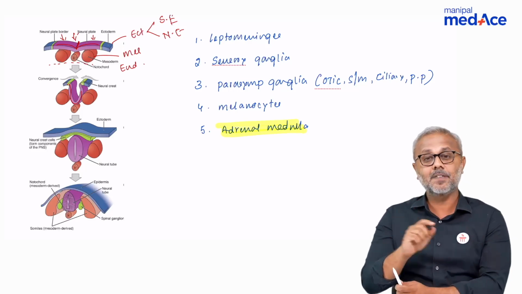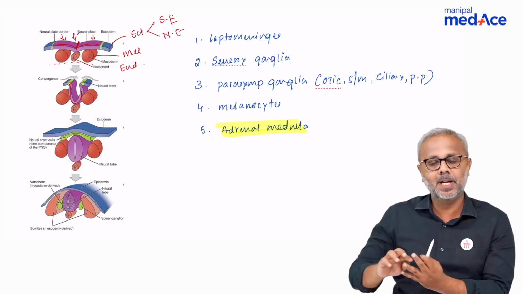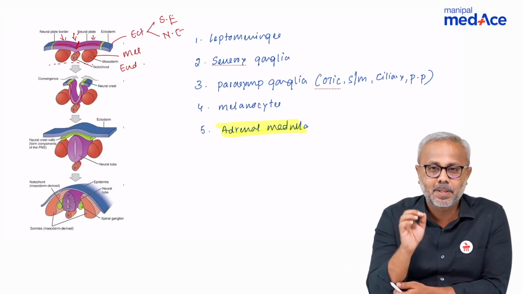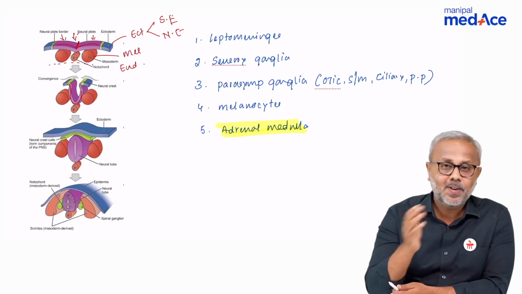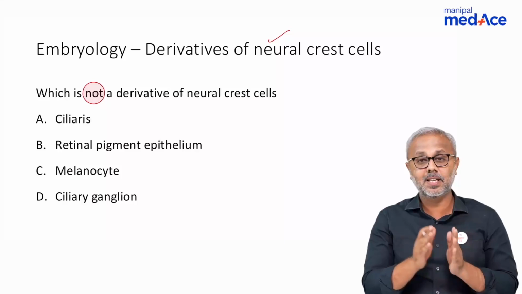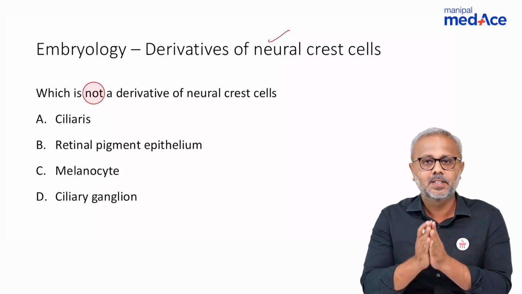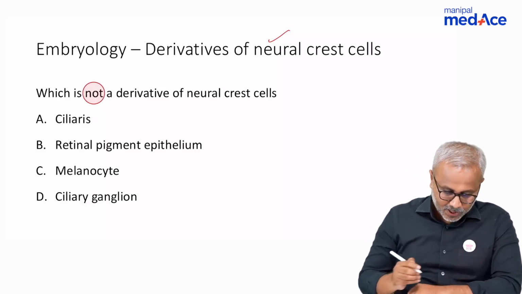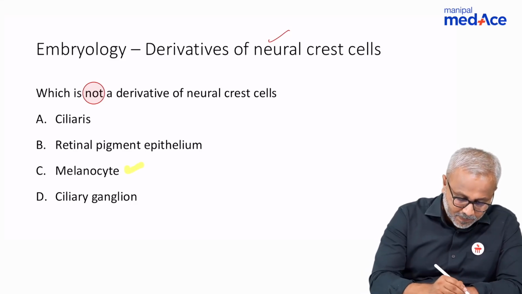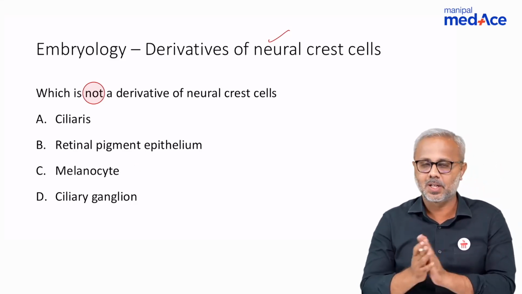So derivatives of all the germ layers, ectoderm, endoderm, mesoderm, then the neural crest cell is a must-know topic and a high-yielding topic. Now let's try to solve the question. So the question was, which of the following structures is not a derivative of the neural crest cells? So as we said, melanocyte is an important derivative of the neural crest cell, right?